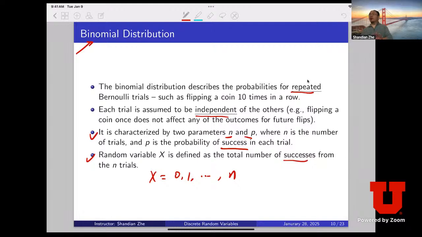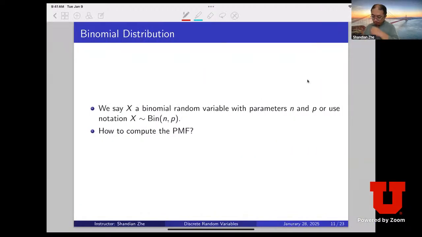Okay, any question regarding the definition of binomial distribution so far? Okay, so then the next question is that, suppose I have such a random variable that follows the binomial distribution with n and p, right? n trials and the probability of success p, right?